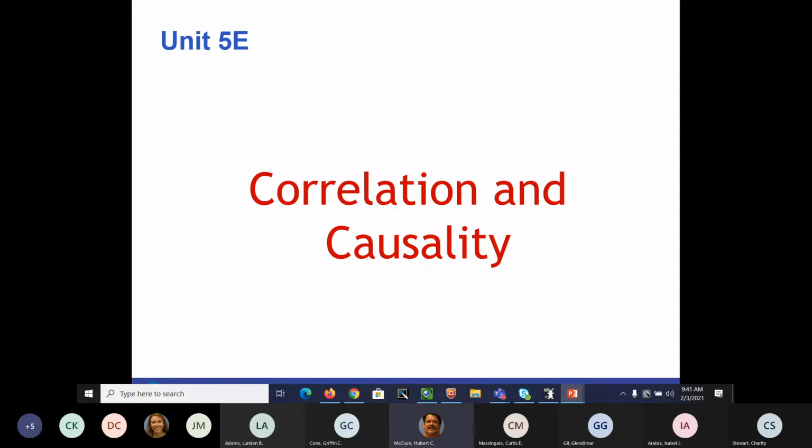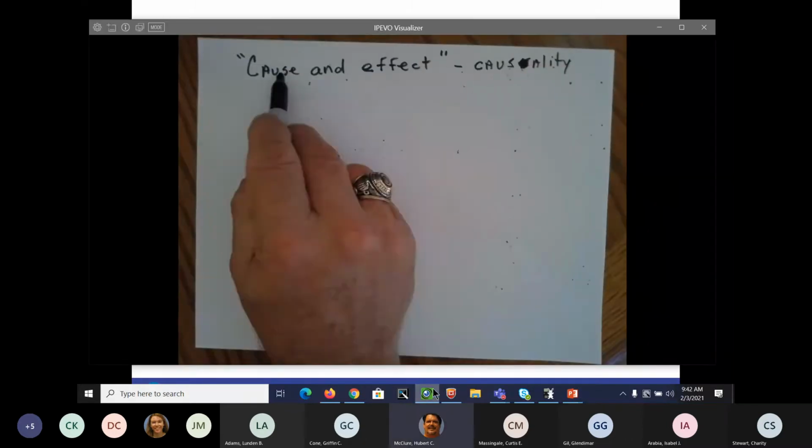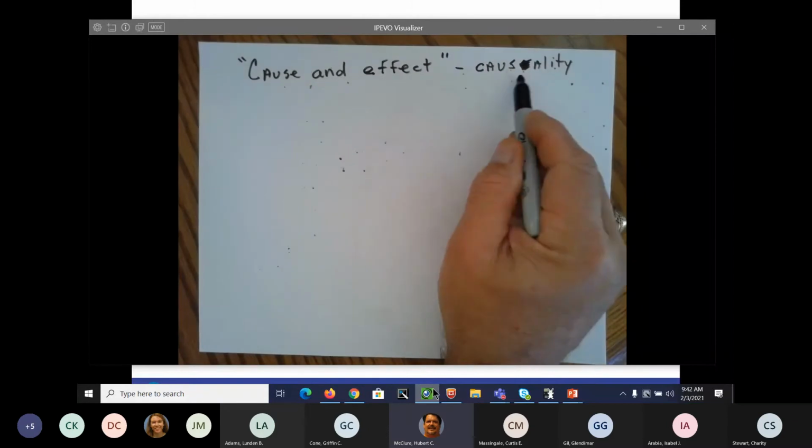When something causes something else, that's called causality. Causality, oh, I misspelled causality. It doesn't have an E in it. Okay, so I'm going to mark that out. I'll go ahead and show it to you now. Cause and effect means causality.